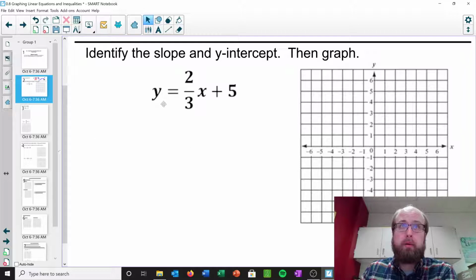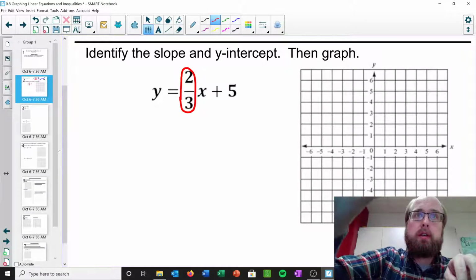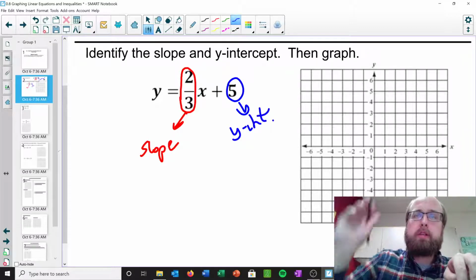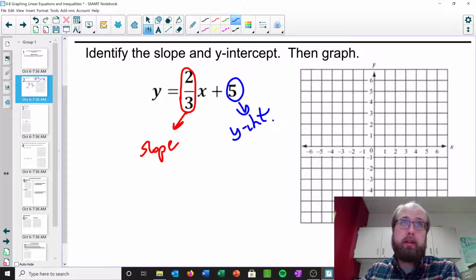This is in slope-intercept form, y equals mx plus b, so that 2/3 is our slope and this 5 is our y-intercept. That's the information we're going to need.